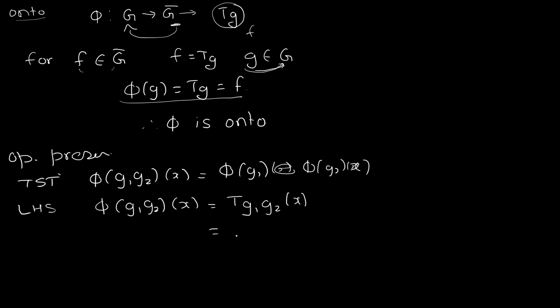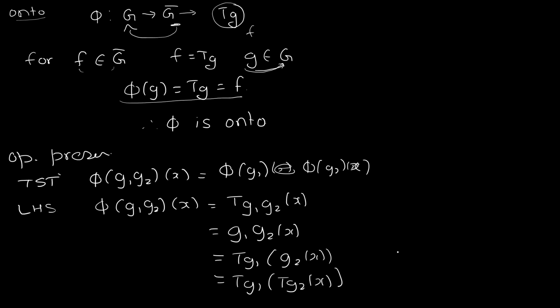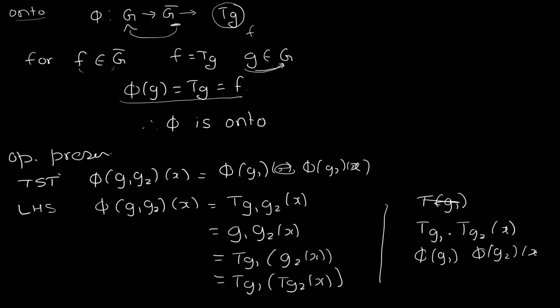This is basically g1 into g2 of x, that is Tg1 of g2 x, and Tg1 of g2 x is defined as Tg1 of Tg2 of x, that is basically the same as Tg1 into Tg2 of x. And what is Tg1? It is phi of g1. And what is Tg2? It is phi of g2 of x. So that means it becomes operation preserving. This is equal to the right hand side.